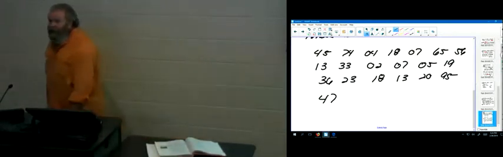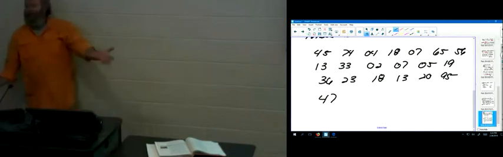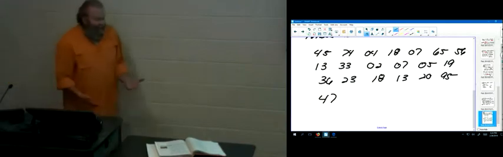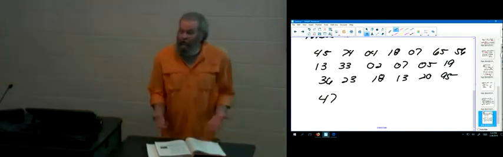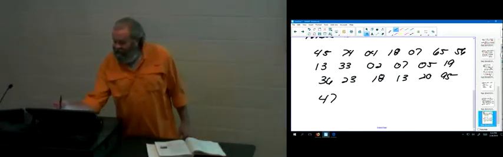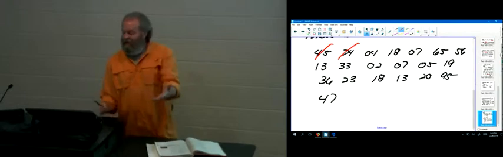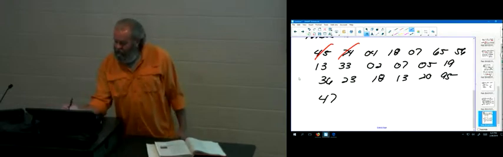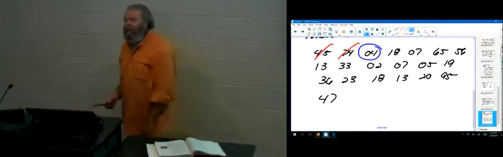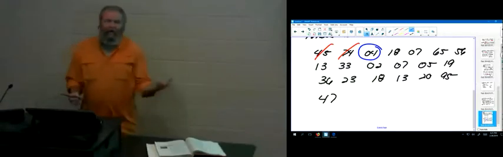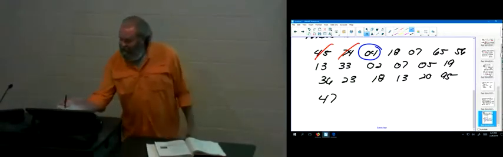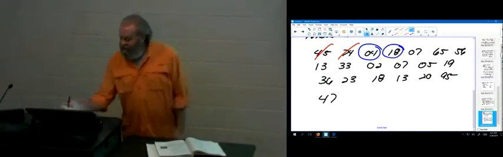And so what we do is we start at the beginning of my list of pairs and I take the ones that I have a label for. Do I have a label of 45? And the answer is no. 74? No. Do I have somebody that has a label of 04? The answer is yeah. Do I have a label of 18? Look, I know the labels are 01 through 27. Do I have a label of 07?